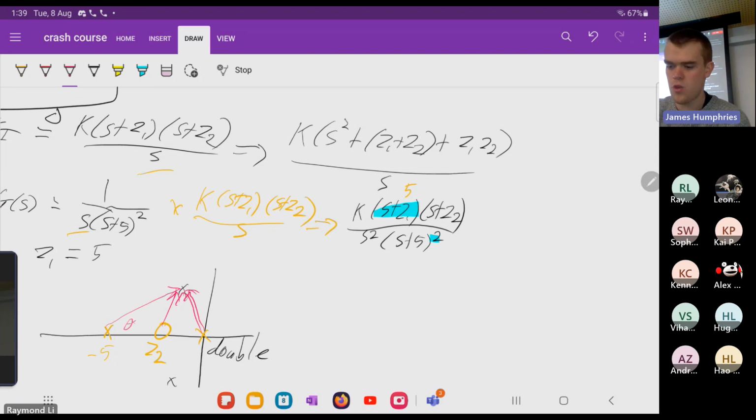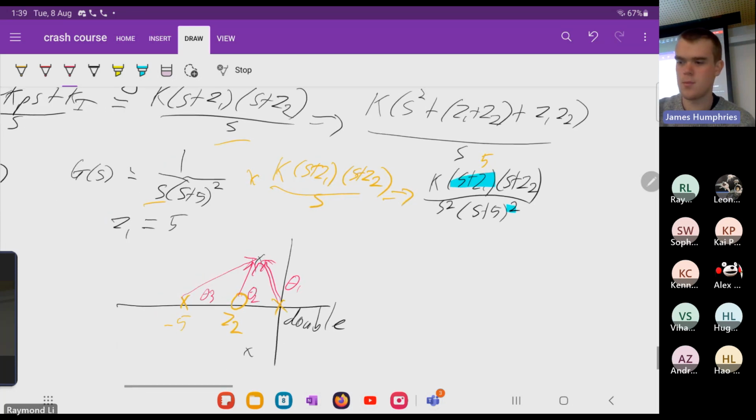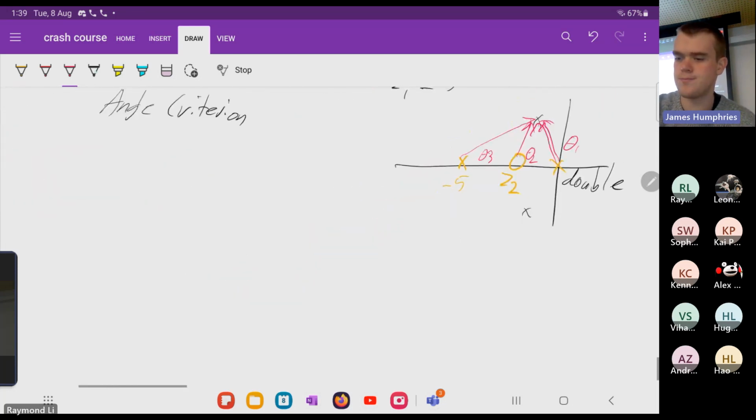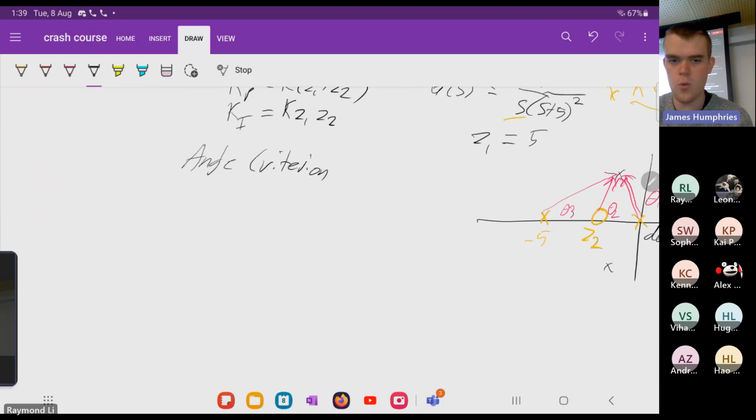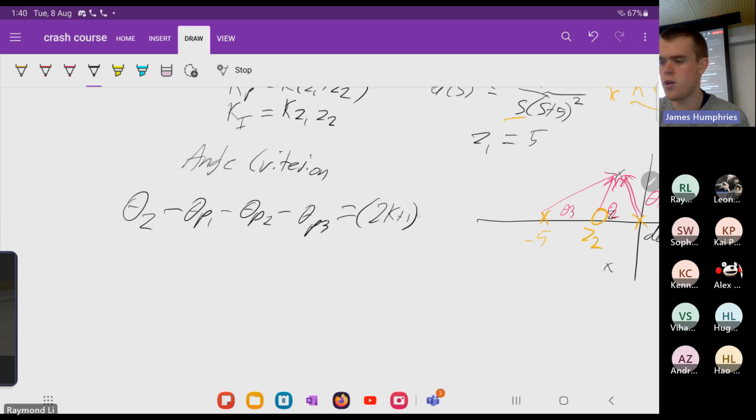So this can be theta 3, theta 2, theta 1. Make sense? And so therefore we say that the angle of the zero, theta Z0, minus theta of pole 1, minus pole 2, minus pole 3 is equal to the 2k plus 1 times 180 degrees. Make sense?